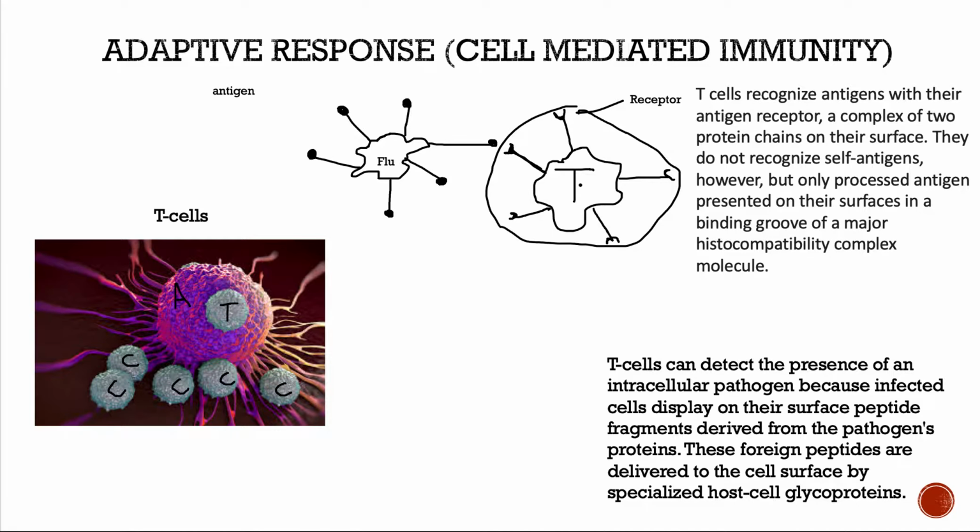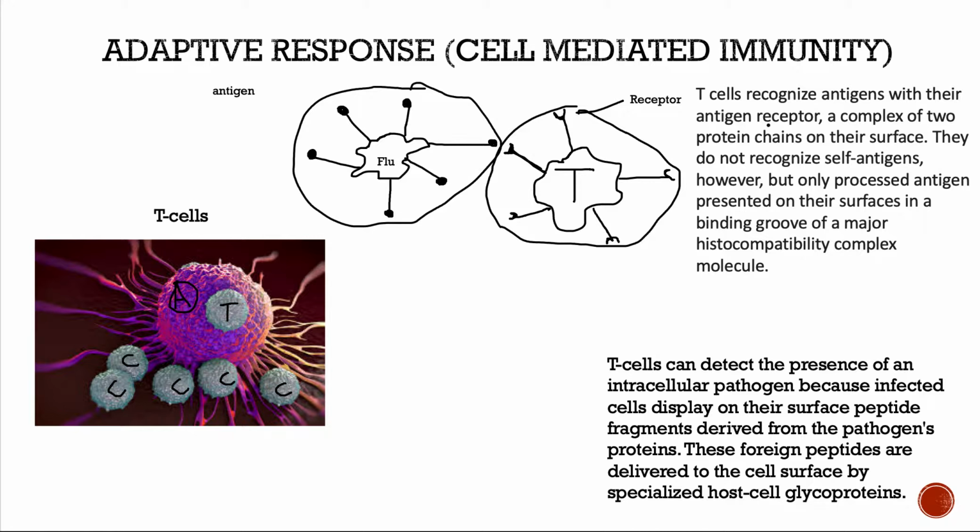So this will be our T cell lymphocyte, and this will be our antigen, so the flu. And a diagram here, we have it here as well to demonstrate. T cell lymphocyte right here. This will be our antigen, which will be the flu, and these are all the clones of the T cell lymphocyte. So T cells recognize antigens with their antigen receptor, which can be seen right here.